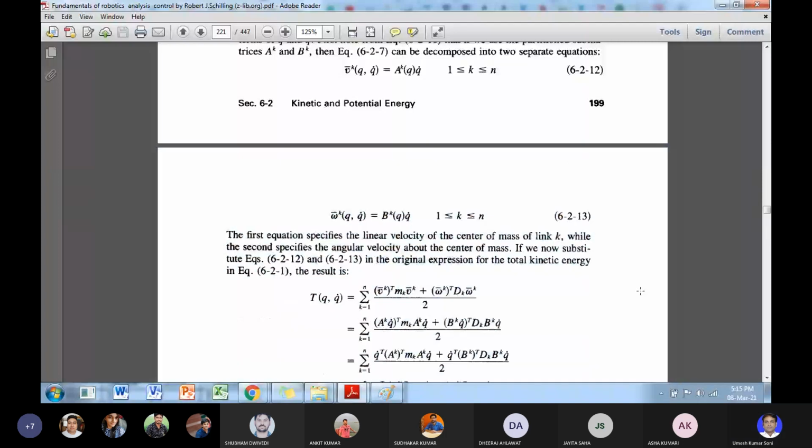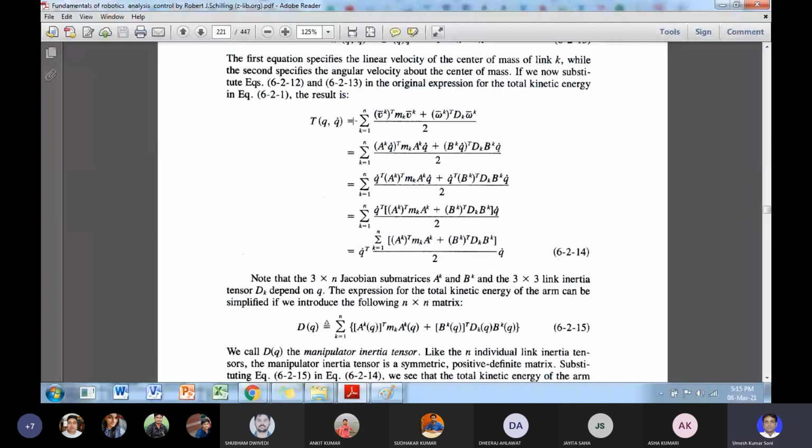Now we calculate the kinetic energy. Kinetic energy is 1/2 m v squared plus 1/2 J omega squared. Here D is J itself. In angular motion, inertia J is sometimes represented as I. Here it is represented as Dk.